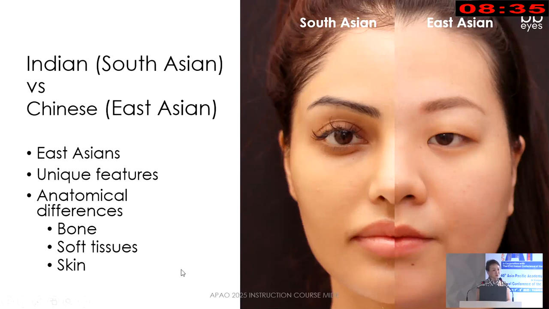Next, because right now we're in India, we want to emphasize the differences between South Asian features versus East Asian. In East Asian patients, we have very unique anatomical differences in terms of the bone, soft tissue, as well as the skin.